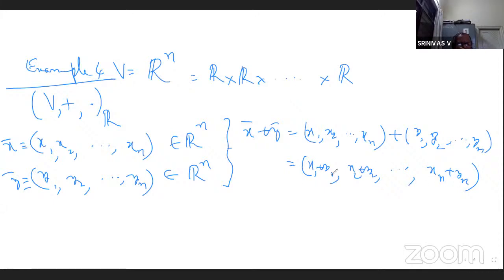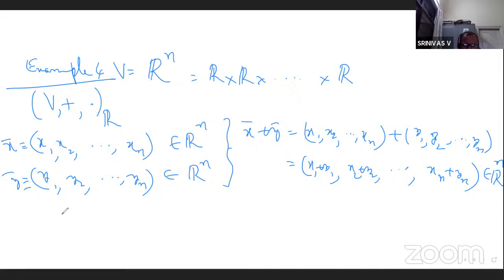This is called coordinate-wise addition or component-wise addition. So if you add like this, you get again an n-tuple. Your xi's and yi's are real numbers, so each of these sums is a real number. So this sum will also be an n-tuple lying in Rn. That's how on Rn you can define an addition.